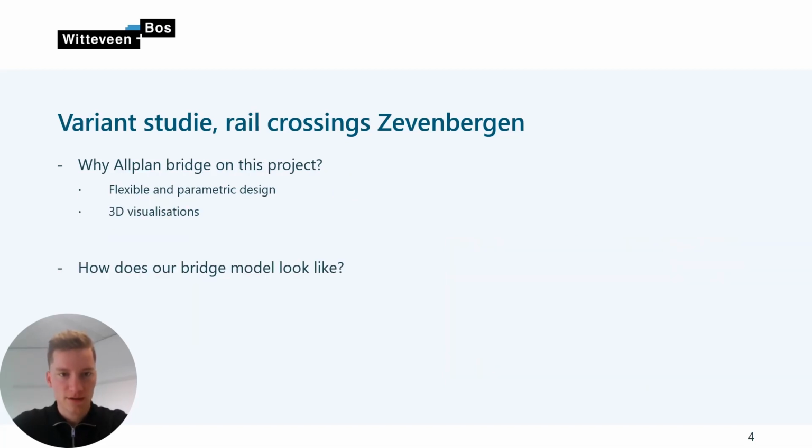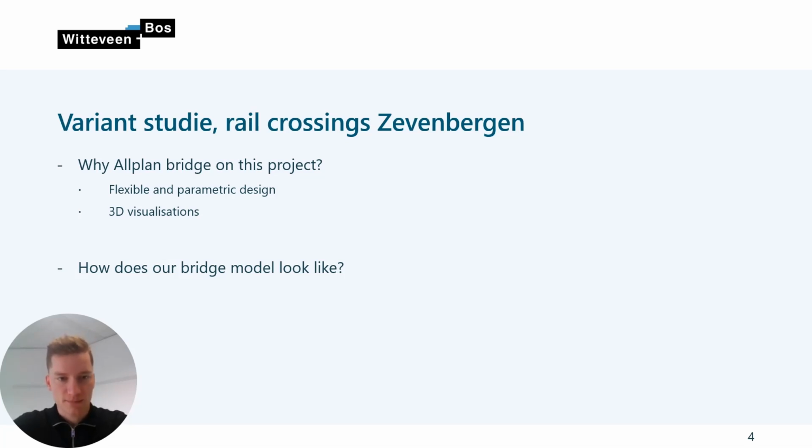For the variant study we need to be flexible and parametric. If you have a change in your cross-section design, you don't want to do this 5 times, but only 1 time, and it needs to be at the same time for all the variants. Bridge made it possible because you can target one cross-section to multiple alignments.